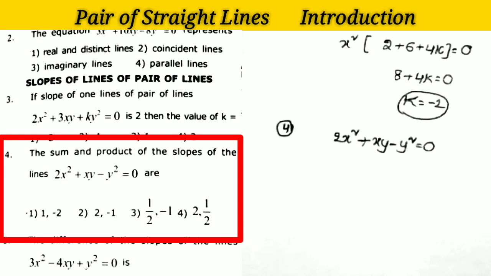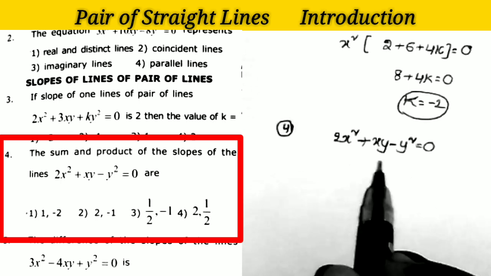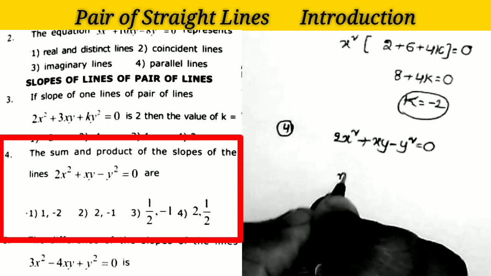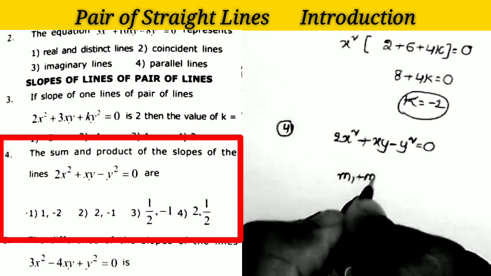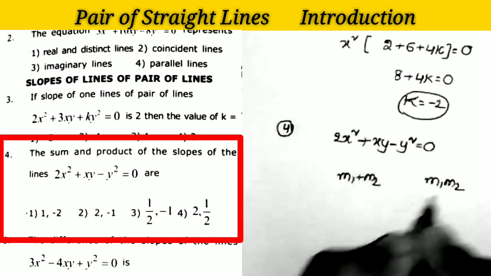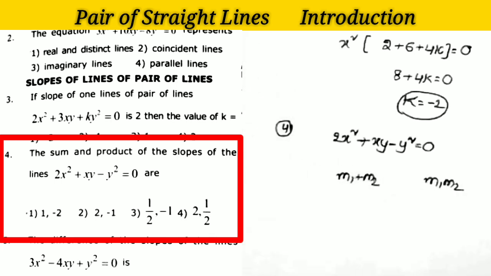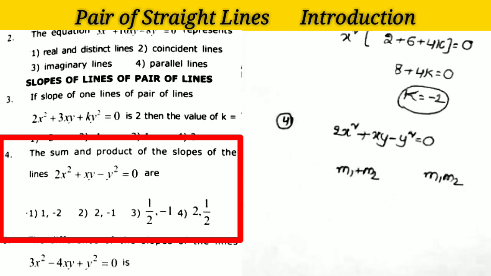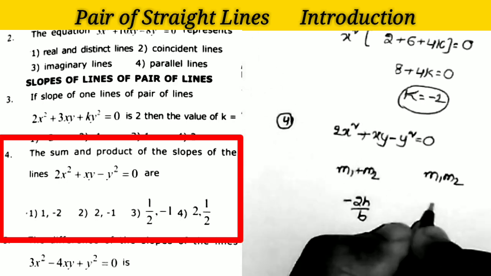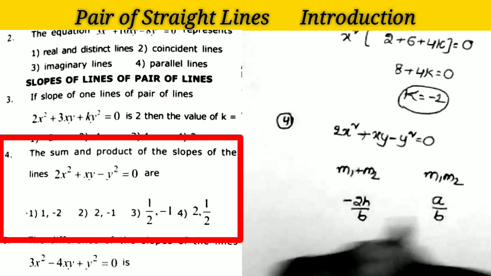Next question is number 4. The sum and product of the slopes of the lines 2x square plus xy minus y square is equal to 0. So the question is the sum of the slopes and the product of the slopes. Here one equation is given. We want the values of the sum of the slopes and the product of the slopes, that is m1 plus m2 and m1 into m2. What is the m1 plus m2 formula? Minus 2h by b. And what is the m1 into m2 formula? a by b.